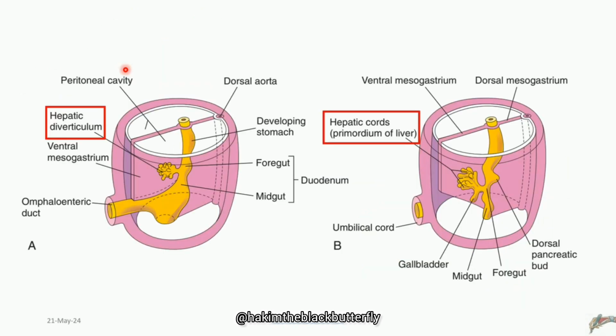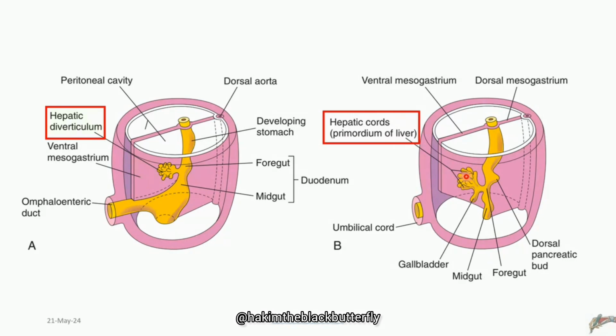The lower portion of the foregut will give us the hepatic bud, or the hepatic diverticulum, and we say that it's going to divide into two to give us the pars cystica that will later develop into the gallbladder and the cystic duct, and then the pars hepatica that will grow to give rise to the different intrahepatic biliary ducts, and some parts of the liver.